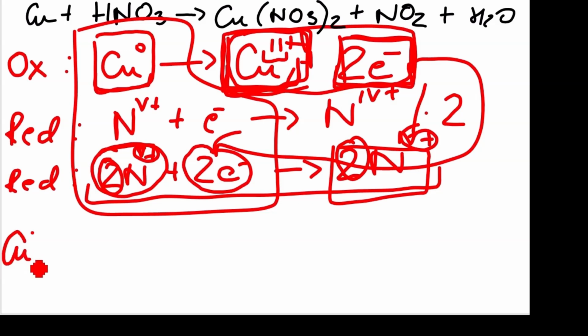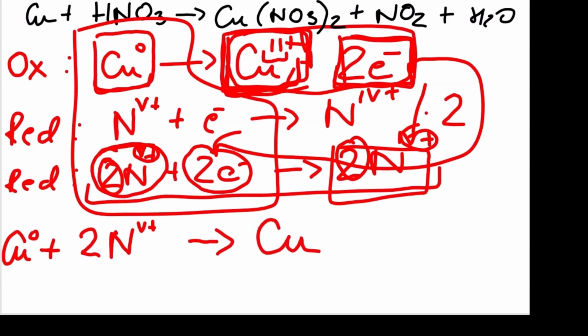So the metallic copper plus 2 atoms of nitrogen with the oxidation state equal to 5 plus, which give us copper with the oxidation state equal to 2 plus 2 atoms of nitrogen with the oxidation state equal to plus 4. Okay, so we have the overall reaction.